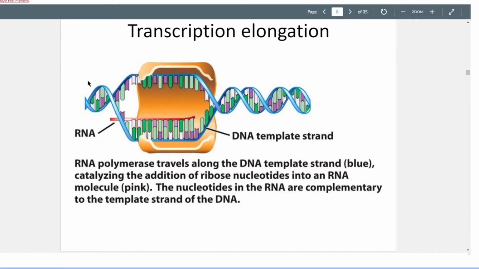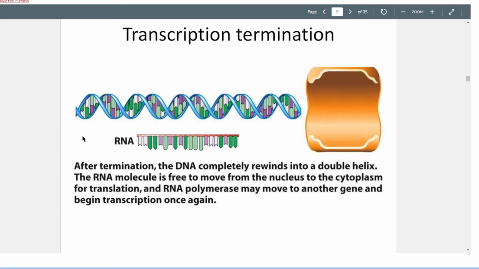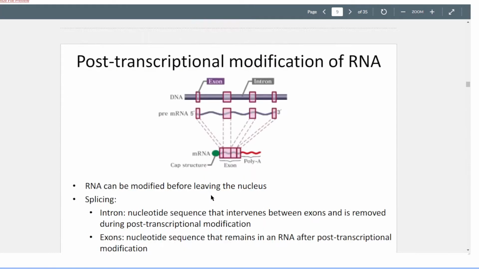Elongation is that the RNA polymerase will start making the mRNA using the DNA as a template, and it's complementary. So, again, if the DNA sequence is ATCG, it'll be UAGC. And then we have termination. We close back the double helix, and the RNA polymerase moves somewhere else.